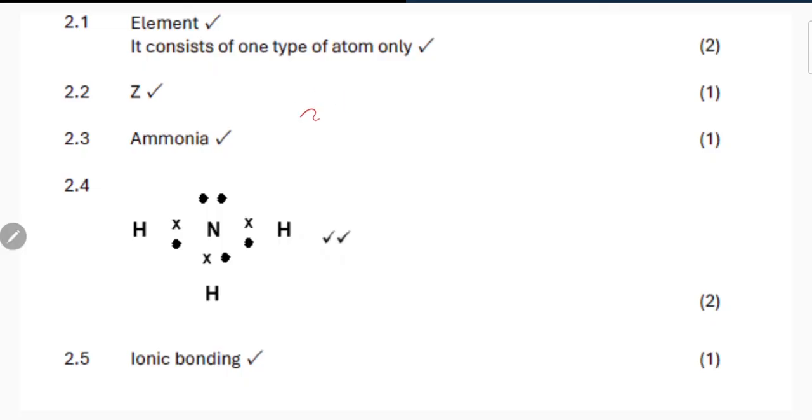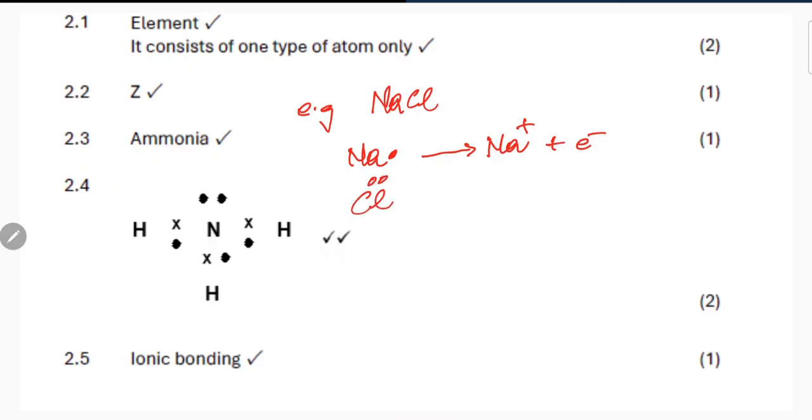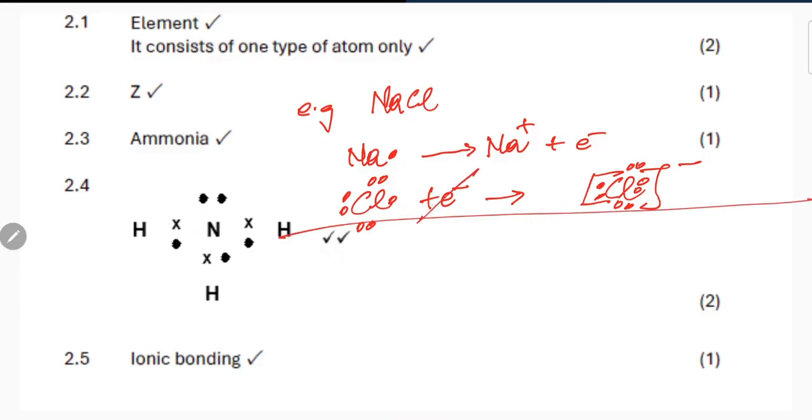Now an example, sodium chloride. So it will be sodium, then it's going to transfer an electron to become an ion. Chlorine, we need 1 electron so that we obey the octet rule. Maximum of what? 8 electrons. So now the electrons are balanced. So this will be sodium plus chlorine.